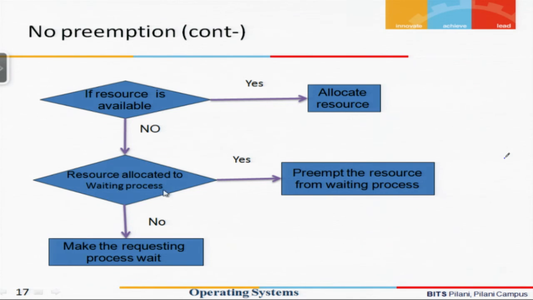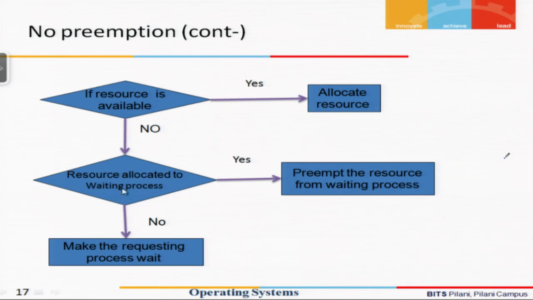If the resource is not allocated to a waiting process, then this essentially means that the resource is being used by an executing process. So probably this resource will get released at some point of time, and then it can be made available to the requesting process.